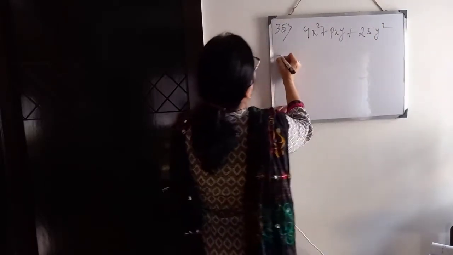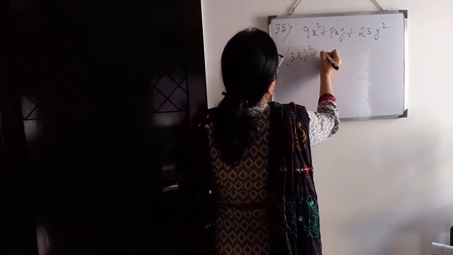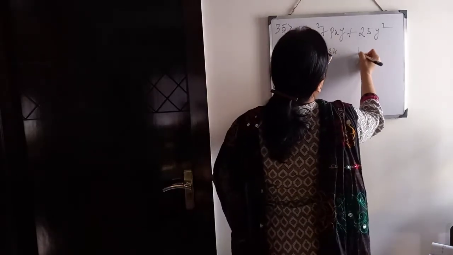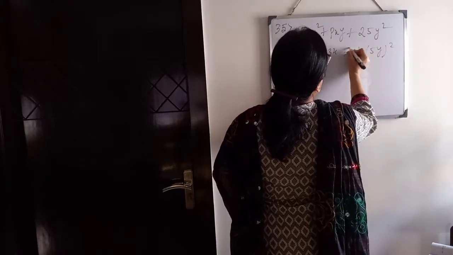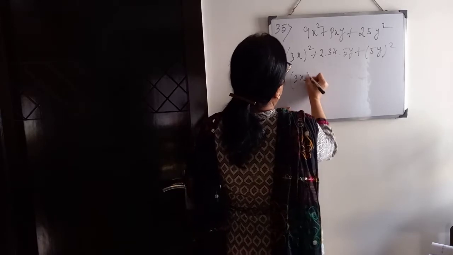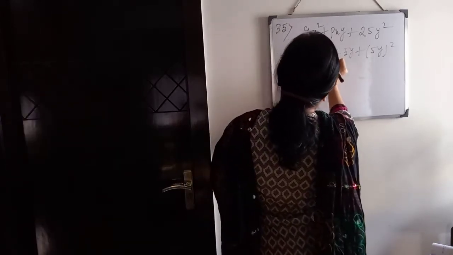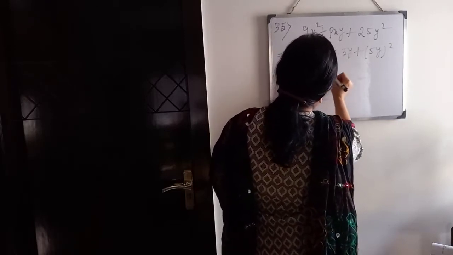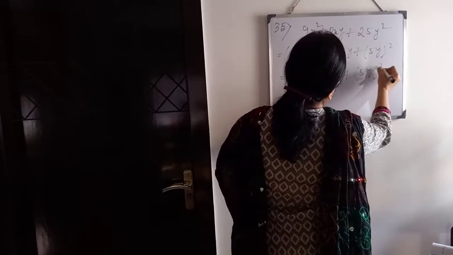Now see, first I am doing it in this form, (3x) whole square plus 2 into 3x into, from here what I am getting, 5y. So it is coming (3x) whole square plus 3 twos are 6, 5 sixes are 30xy plus (5y) whole square.